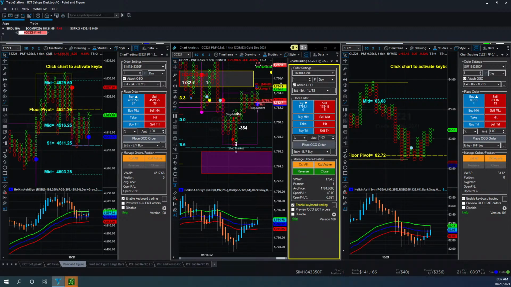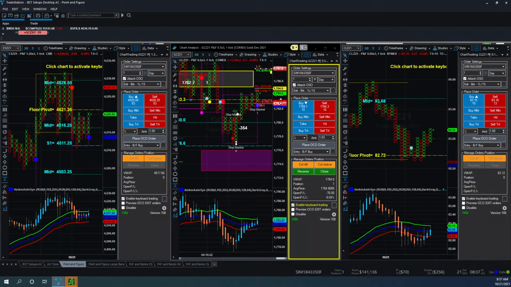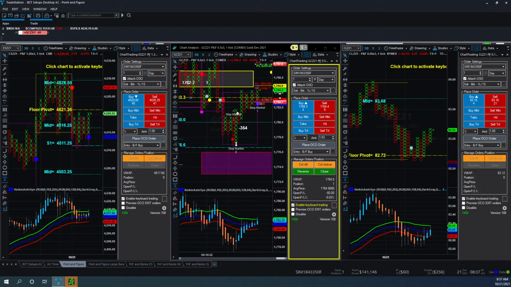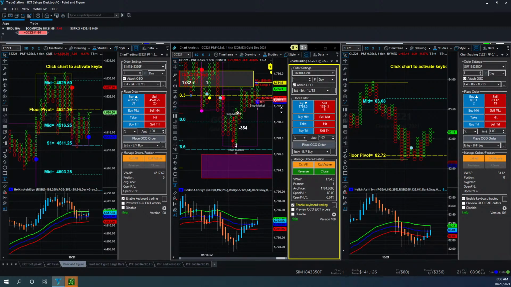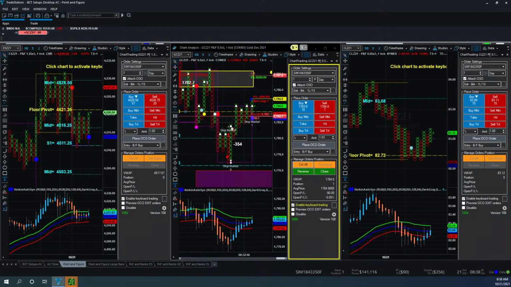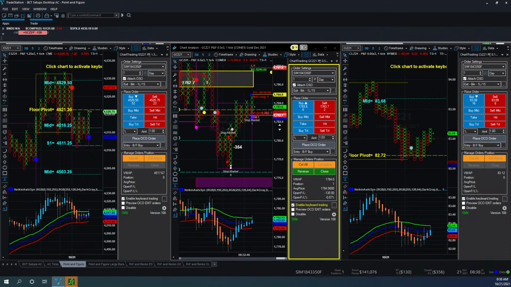We are in a range, so ES is breaking also. It is breaking out of the range. If I get another, oh man, it's coming back.